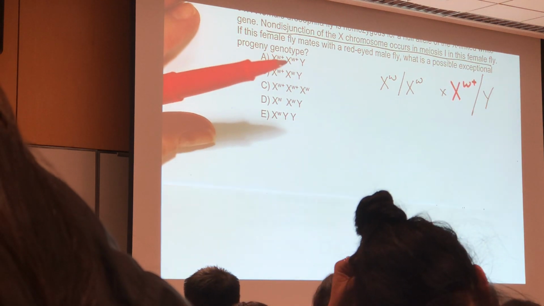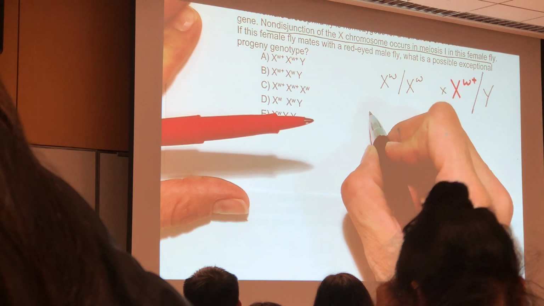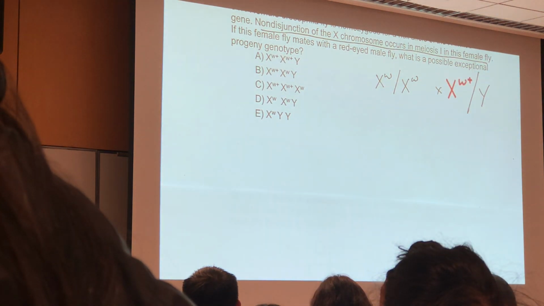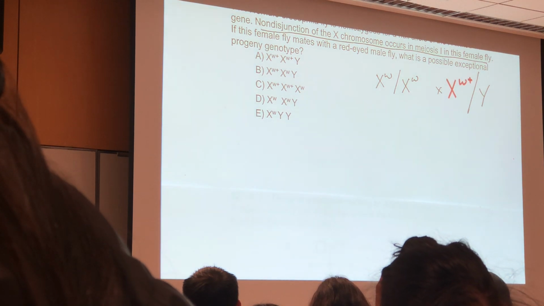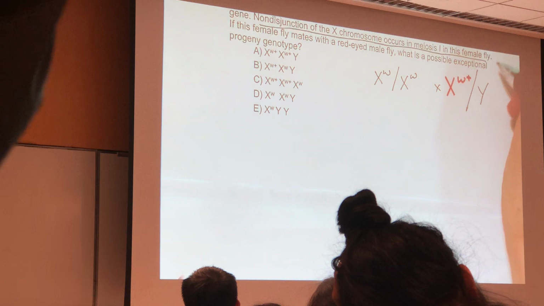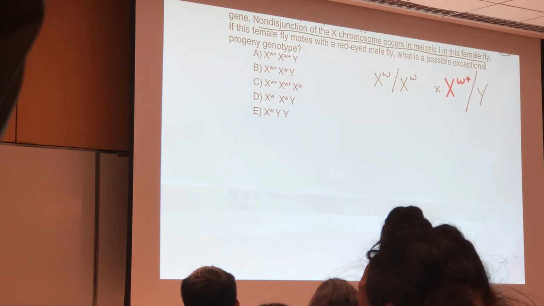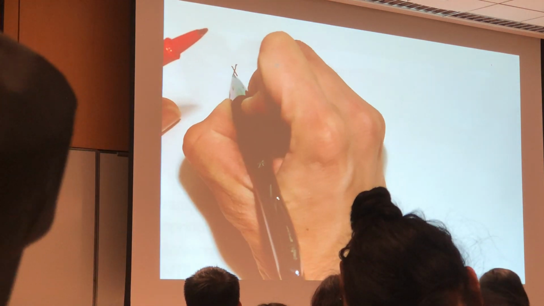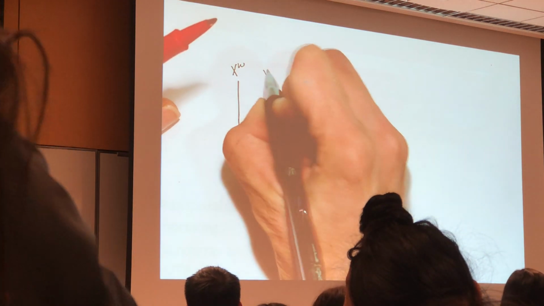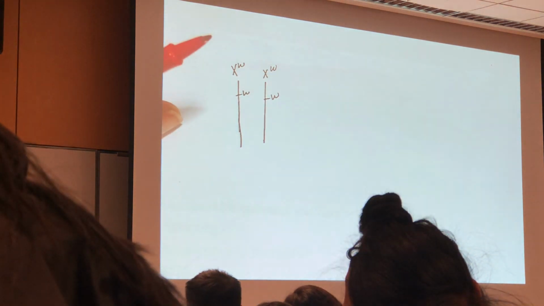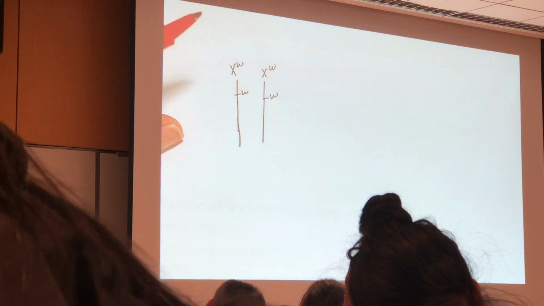Here we go. Let's draw it on a big piece of paper. Okay. So in this female fly, this is X^w, X^w. So I'll just put the w, w. These are her two X homologs.